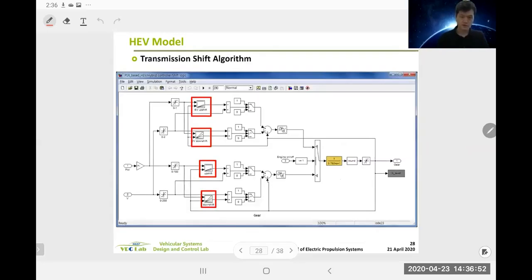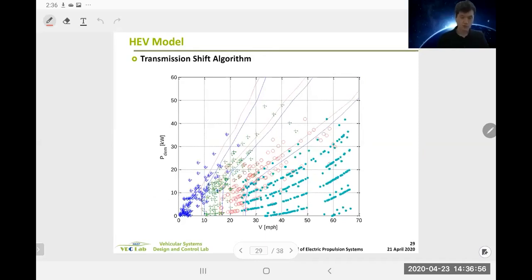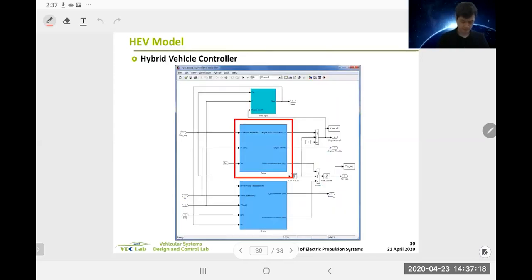And inside of the shift logic, we have shift map, which looks something like this. So we talked about what happens when vehicle speed increases or when power demand changes up and down.